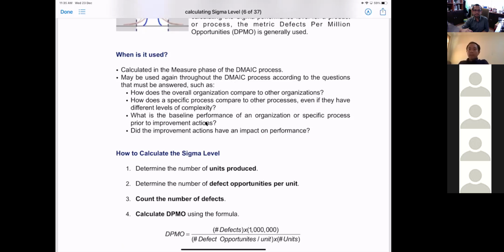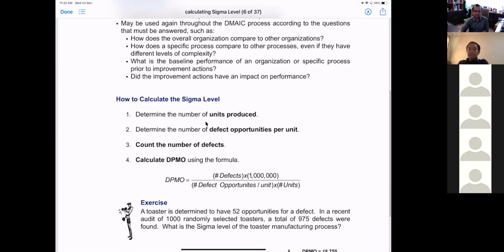So how to calculate this? We have to know the number of units we produce, how many we produce, and we need to know the number of defect opportunities per unit. What is defect opportunity per unit? For example, we have one component.